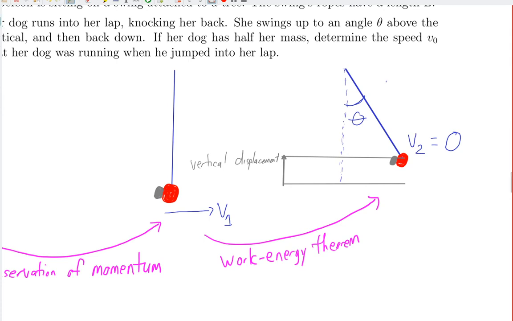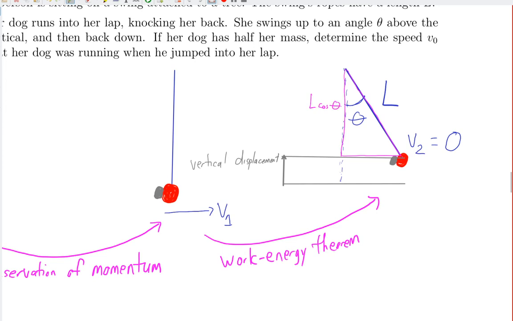So we know the total length is L, which means I also know that if I think about this right triangle here that I'm drawing in magenta, that this length is L cosine theta.